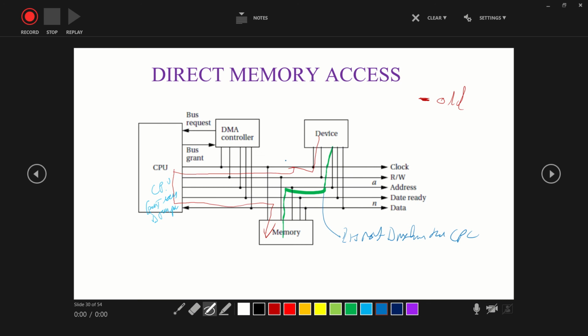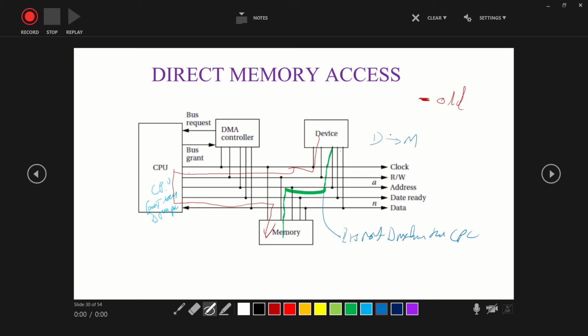At the same time, if the device wants to transfer data from the device to memory, the DMA sends a bus request to the CPU, and the CPU gives the grant. Once again, the device wants to transfer data from the device to memory.